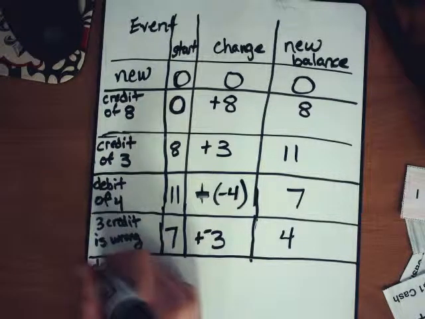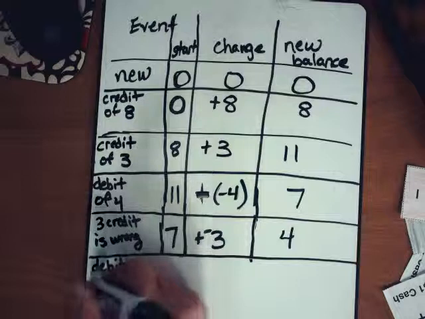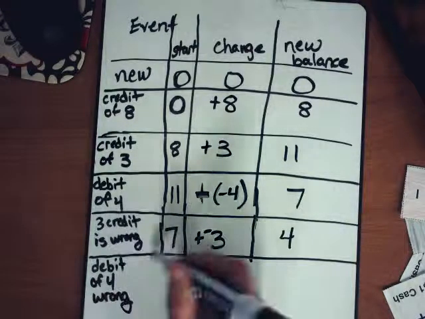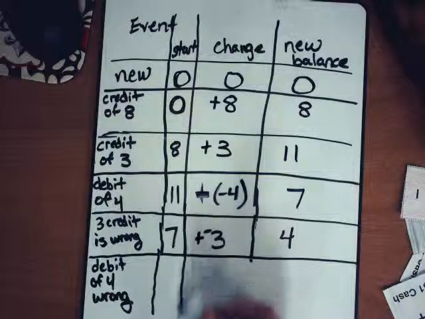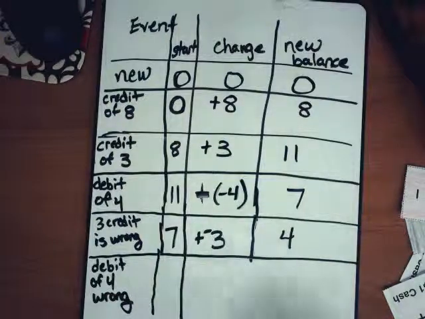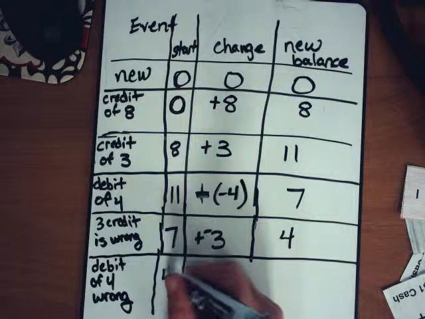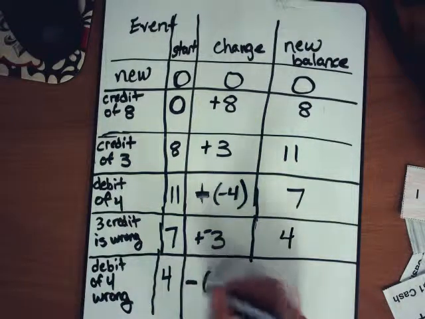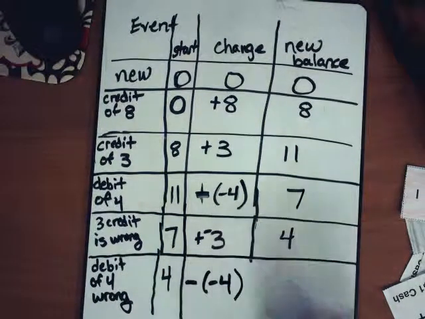So we've got a debit of 4 that was wrong. So we started with 4, right? My debit of 4 was wrong. So I need to subtract that debit of 4 again.